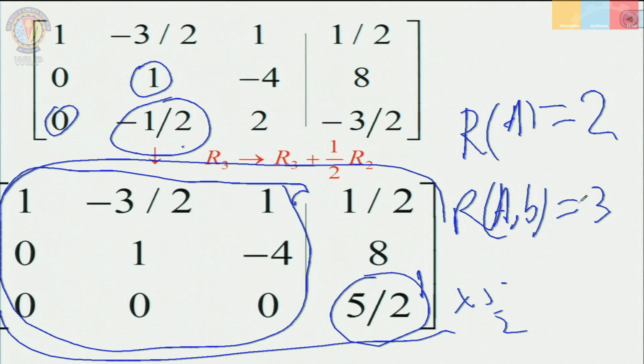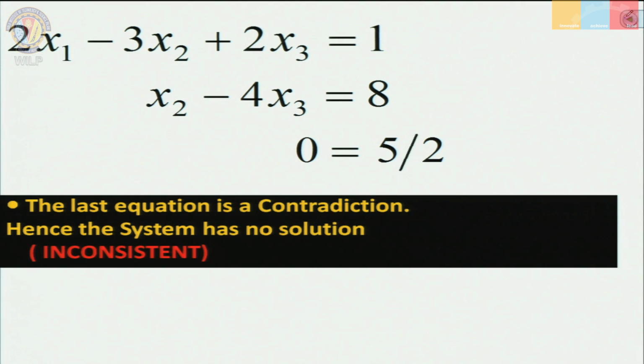Look at here, the first row is 0, 0, 0 equal to 5 by 2. What is the meaning of this? 0 into x1 plus 0 into x2 plus 0 into x3 is equal to 5 by 2. Is it possible? Not possible. And therefore, the system is inconsistent, a solution does not exist.